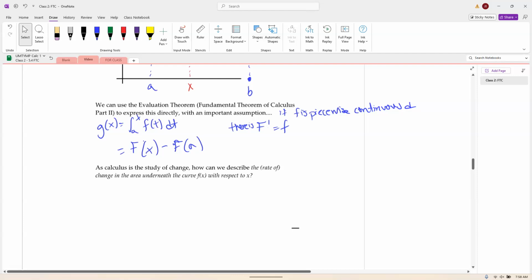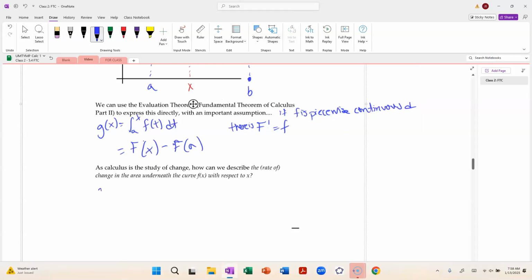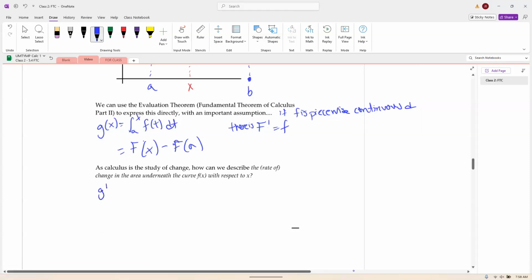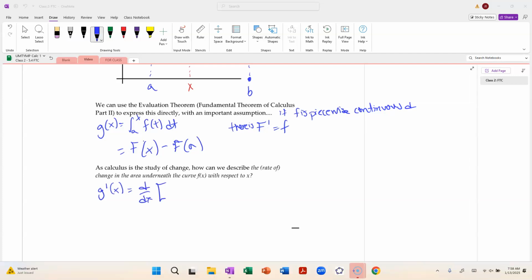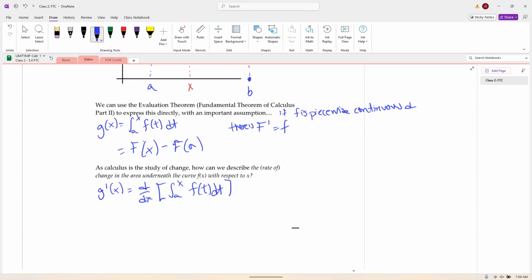But now calculus as a study is studying rate of change, right? And so what would be the rate of change of this? Well, we could say this is g prime of x, the derivative. So we would need to do d dx of the integral from a to x of f of t dt.